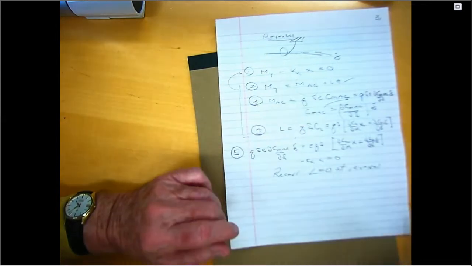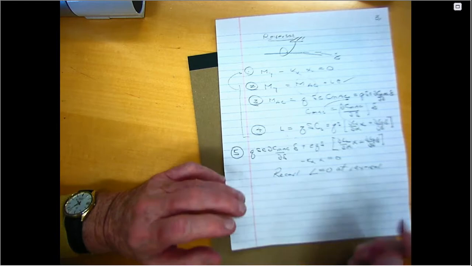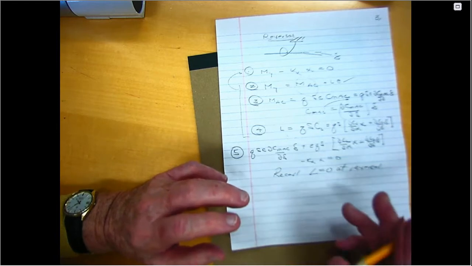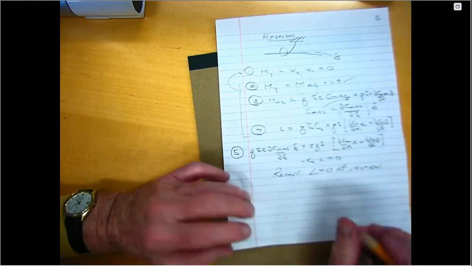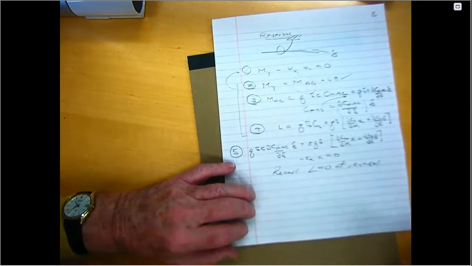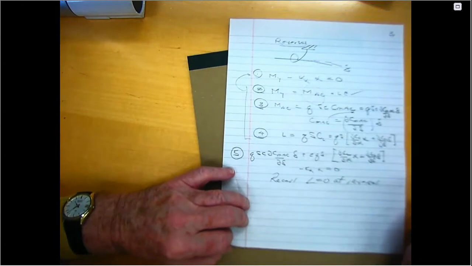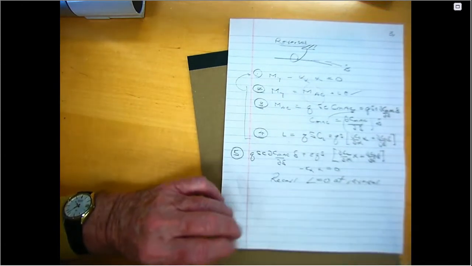Well, if I'm below the reversal condition, and below will mean I'm at a smaller value of dynamic pressure, as it turns out, L will be positive. If delta is positive, L will be positive. Above the reversal condition, if delta is positive, L will be negative. The sign of the lift reverses.